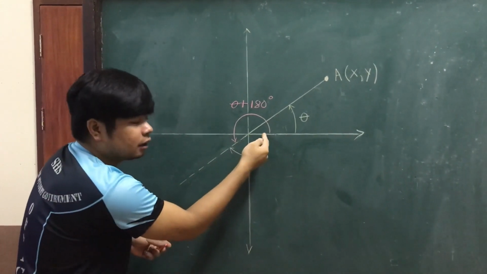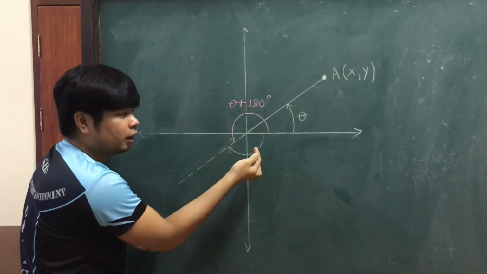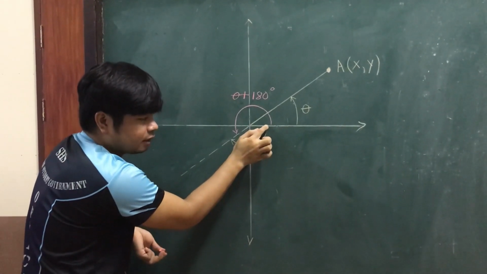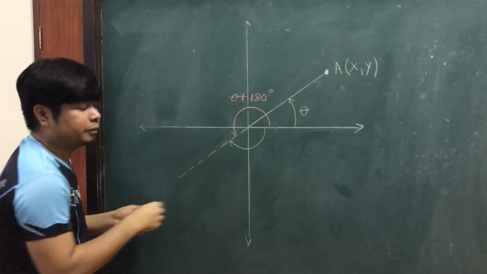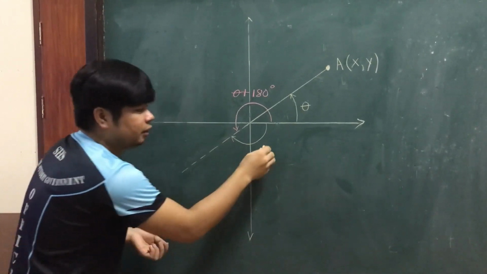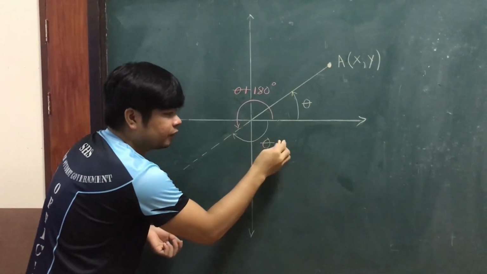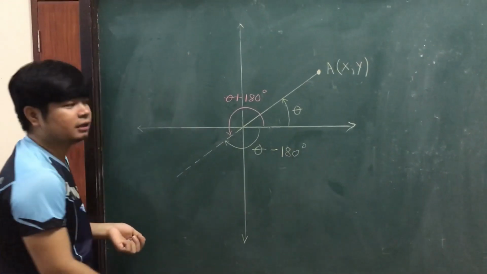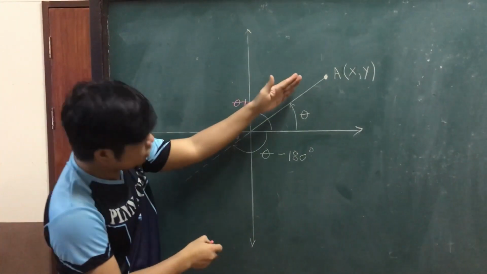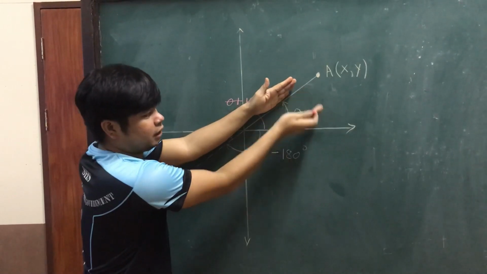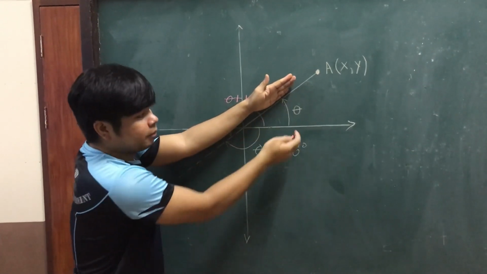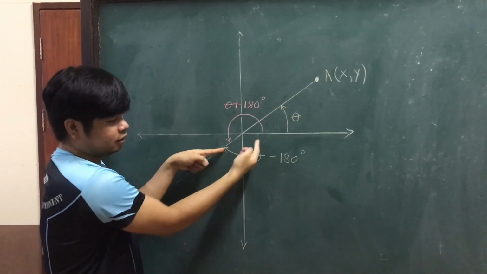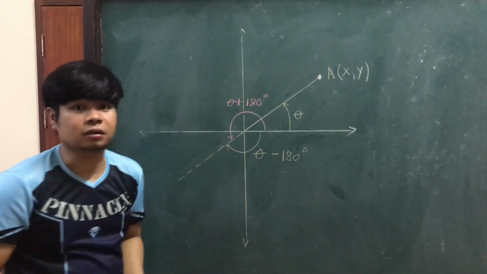But this clockwise rotation in standard position from the x-axis down to here represents a measurement that is theta minus 180 degrees. That is a negative sign. The imagination here is this is 180 degrees, and removing theta from negative 180 degrees represents this measurement of the angle.